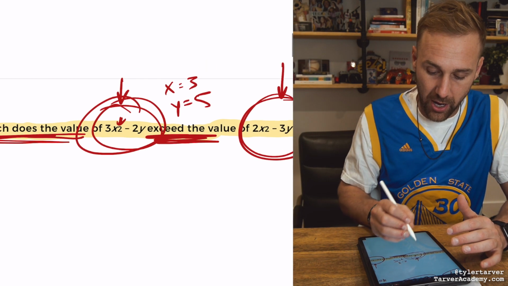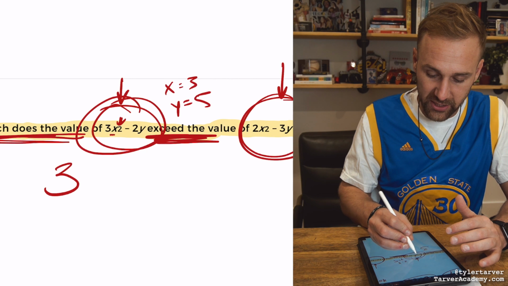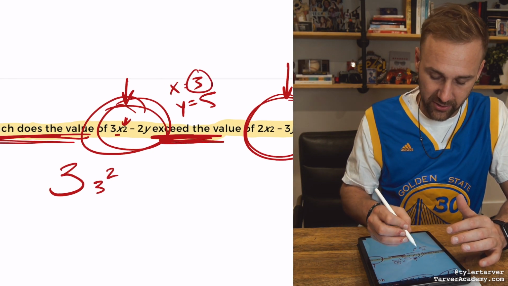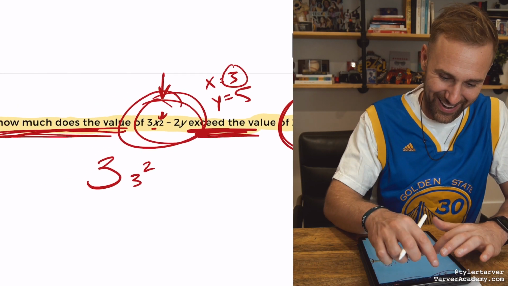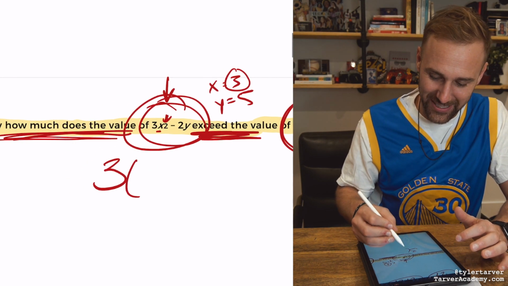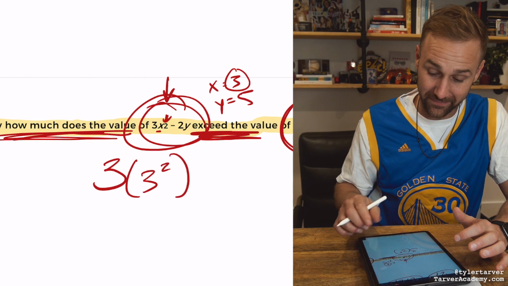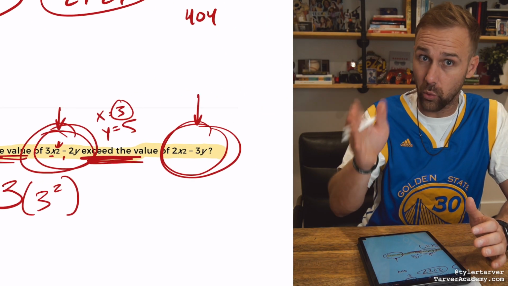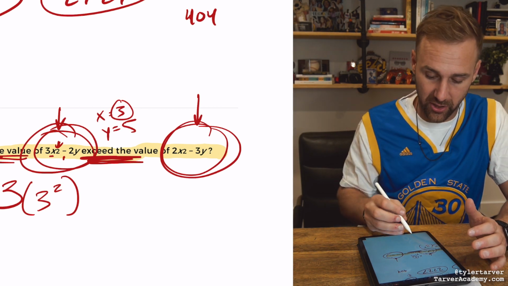So I'm going to rewrite my problem. 3, and what's in the place of x? 3 squared. So we'll do 3 times 3 squared, minus 2 times 5, since y equals 5. I'm literally just working my way down the characters in the problem.